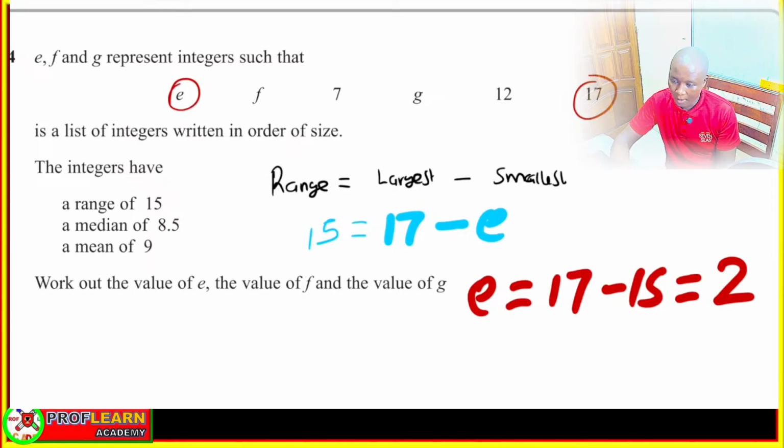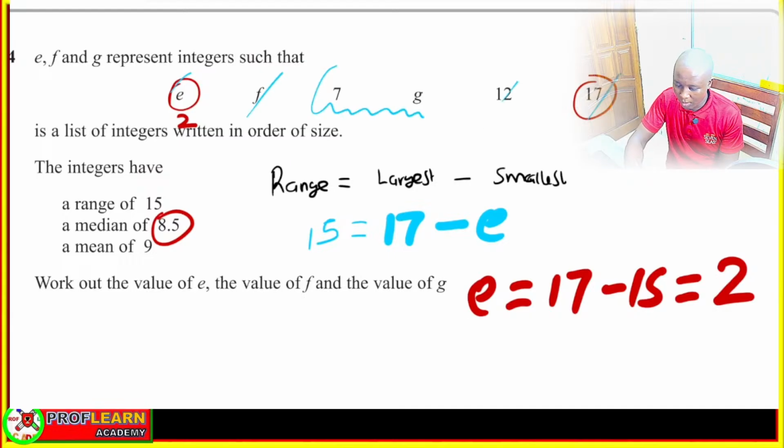Then we are told that the median is 8.5. So which means that if this is 2 here, and then you want to get the median, isn't it? If you want to find the median, then it means the first number will cancel with the last number. This one will cancel with the second last, and then you're going to remain with 2 numbers at the middle here, so that you can use them to work out what?